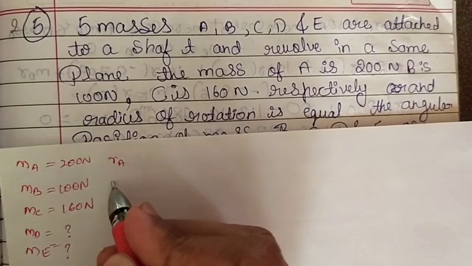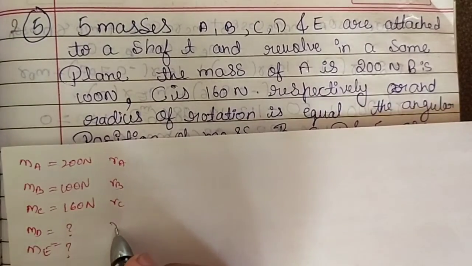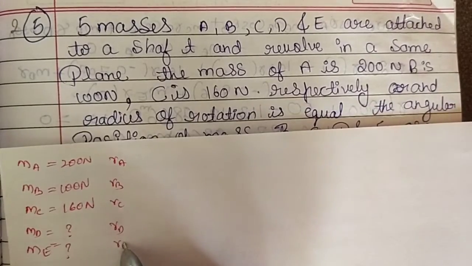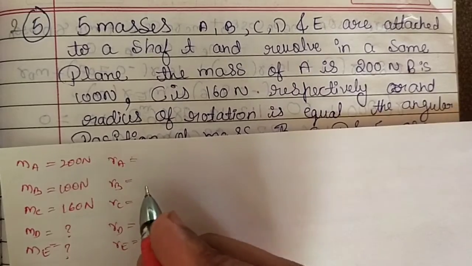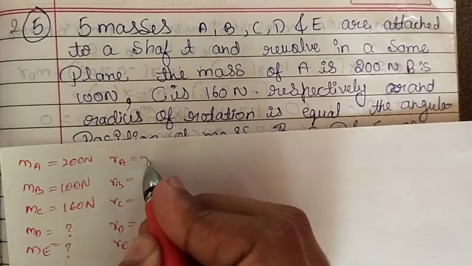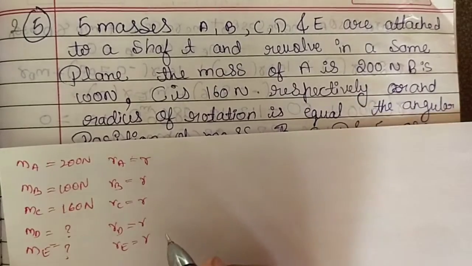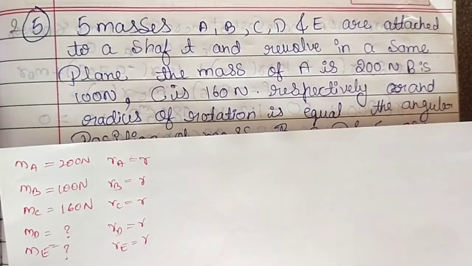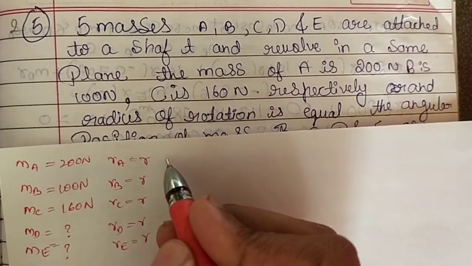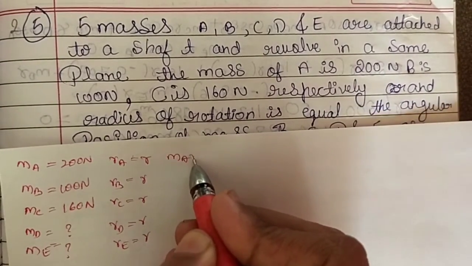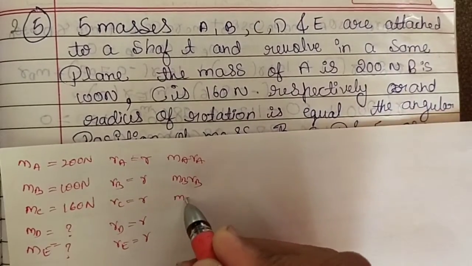Now RA, RB, RC, RD and RE are all the same, that is equal, so I take all as R. Let's assume all radii are R. Now the next step is to find MARA, MBRB, MCRC.